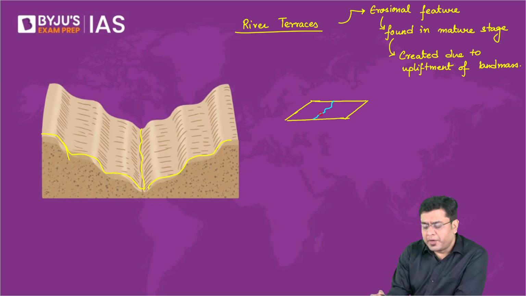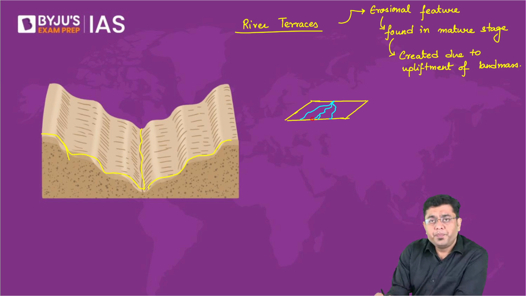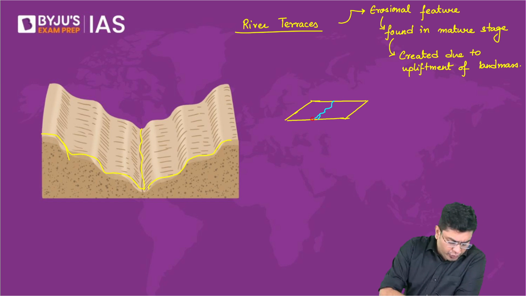Maybe after a few hundred years, the river would have been flowing even here, would have taken a shape like this as well, maybe. Maybe it would have taken a shape somewhat like this also. So in that entire region, the river would have carried its deposits, erosion, everything, because it is in a mature stage. Now let's assume that this particular landmass goes through a phase of upliftment.